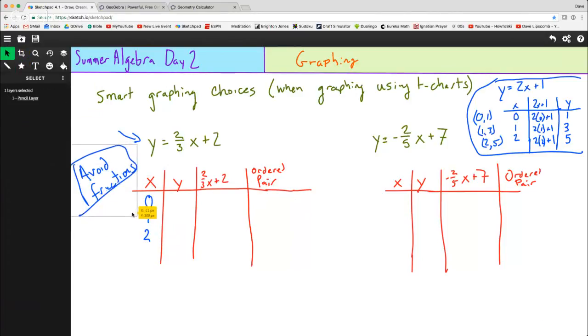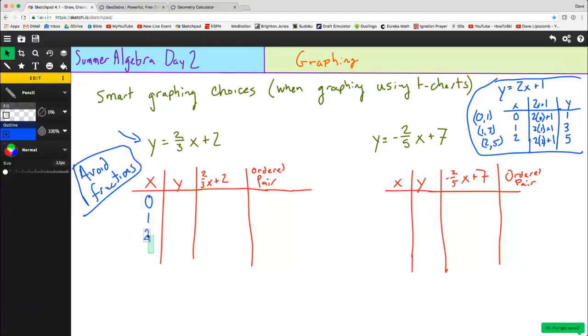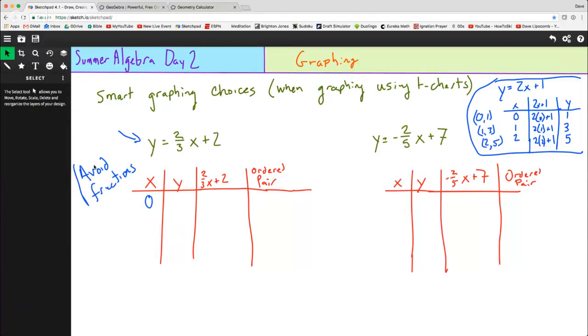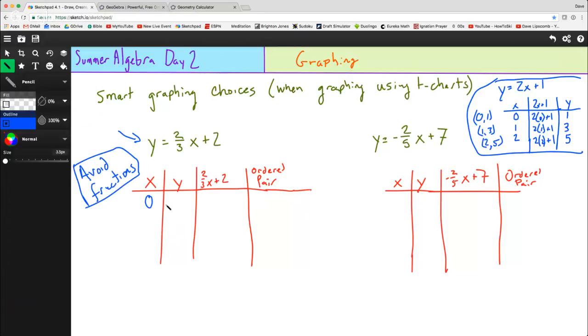Let's do this instead. Let's choose 0. But what integer could I plug in for x such that y will be an integer? It'll be a whole number. It'll be an easy number to work with. Well, let's choose an x equal to 3. And why did I choose x equal to 3?